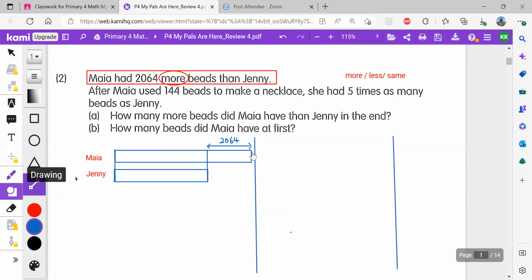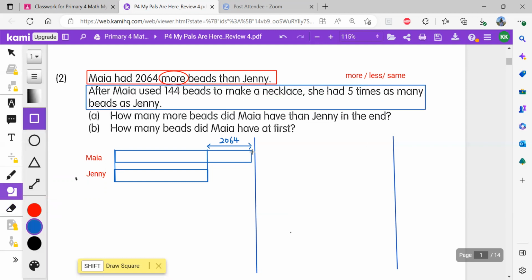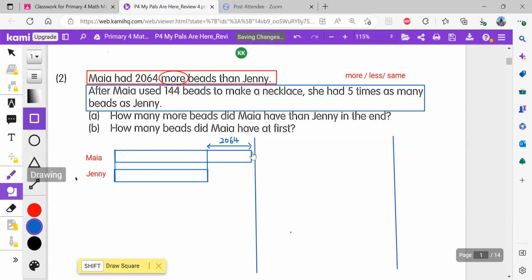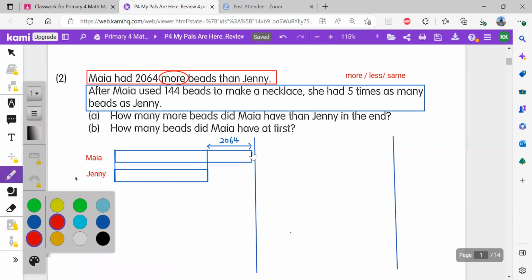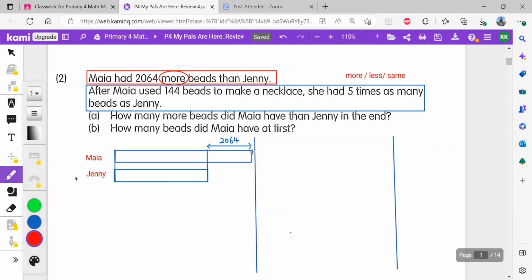Less. So I'm going to take away 144 from here, and strike it off to show that it is used up.